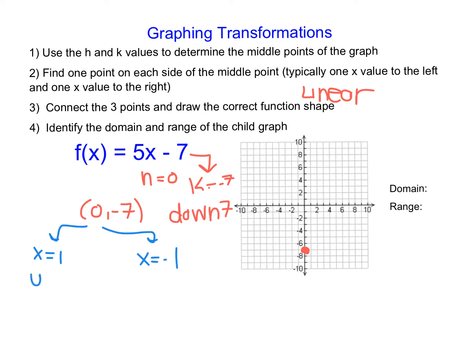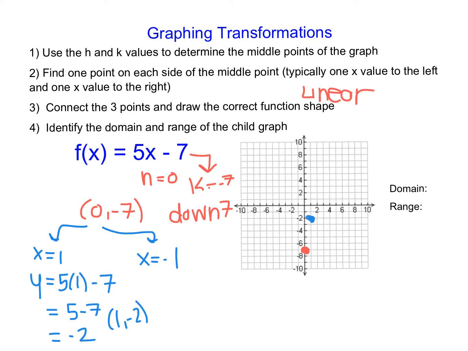So here I take y equals 5 times 1, and then I have the -7. I do the multiplication first, so I have 5 minus 7, which equals -2. So my coordinate is x is equal to 1, y is -2. So I'll go x is 1, y is -2.